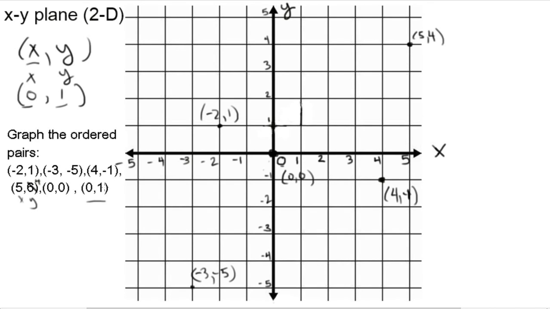So if we take a look at the previous example we had here, I have these 5 ordered pairs, these 5 points. If I ran a vertical line on this grid anywhere, it wouldn't touch any more than one point. There's only one point on each one of these vertical lines, if you see. So that means that these ordered pairs represent a function.